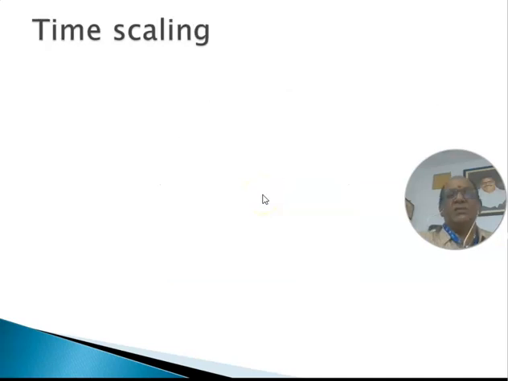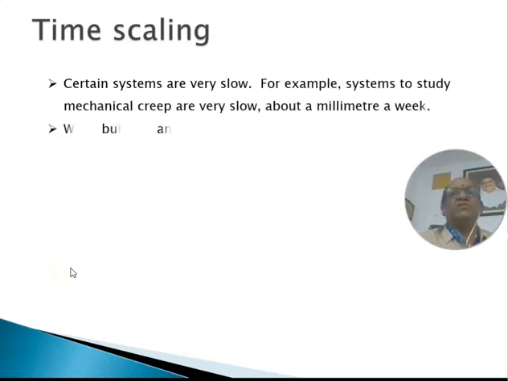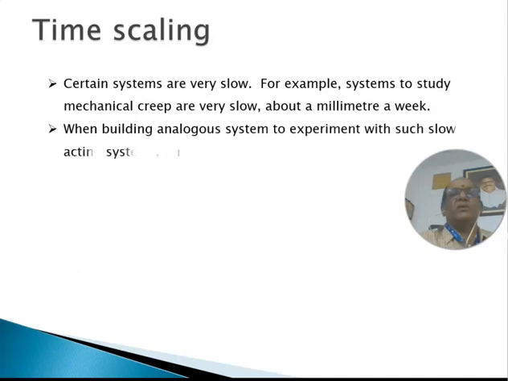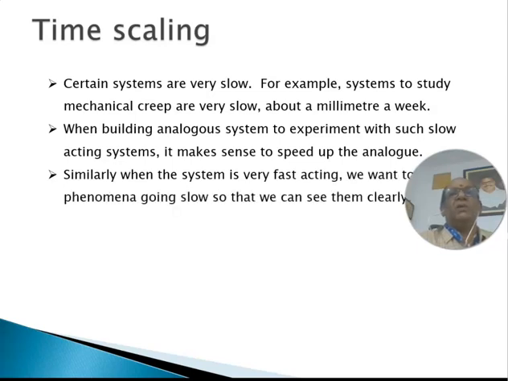With the scale factors Ke and Ki, we also have one other aspect. That aspect is time scaling. Certain systems are very slow. For example, if you are experimenting with creep, mechanical creep is very slow, maybe about a millimeter in a week or maybe even slower.